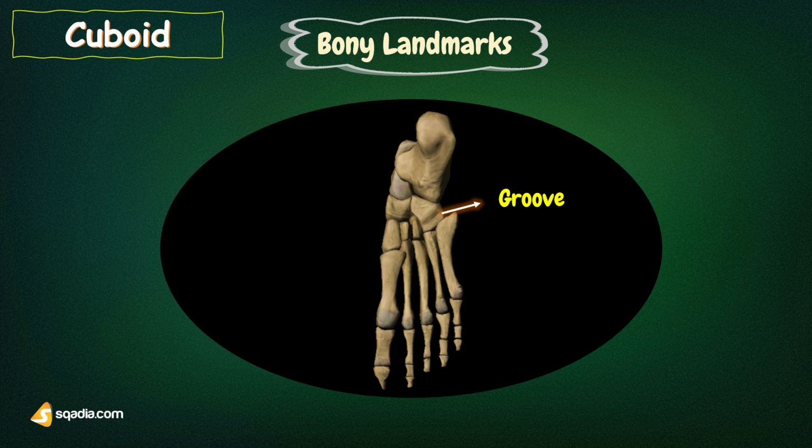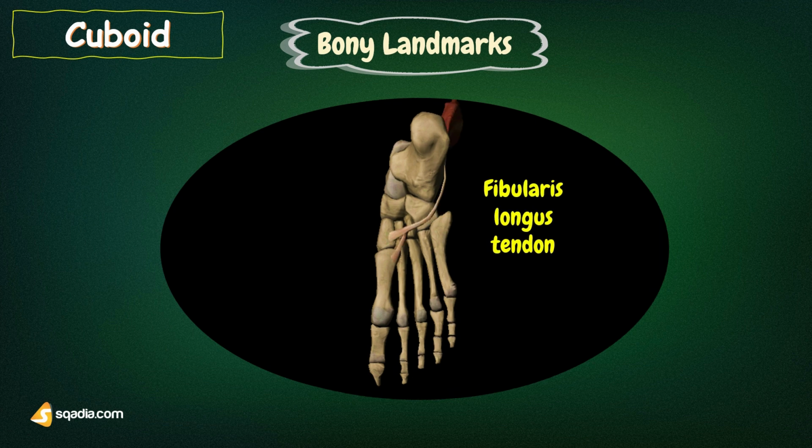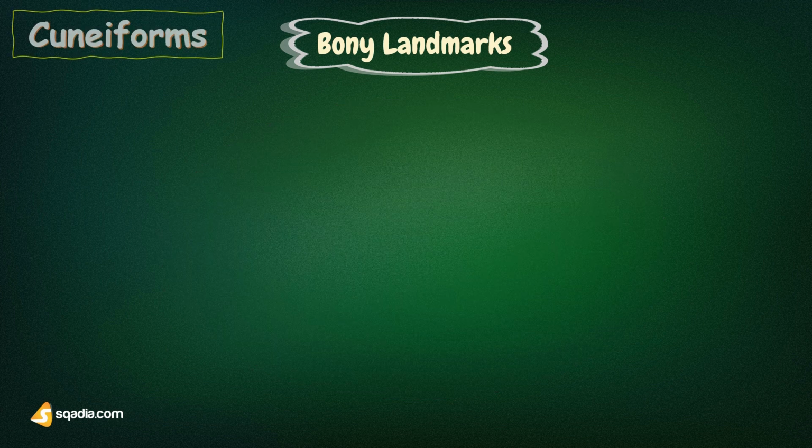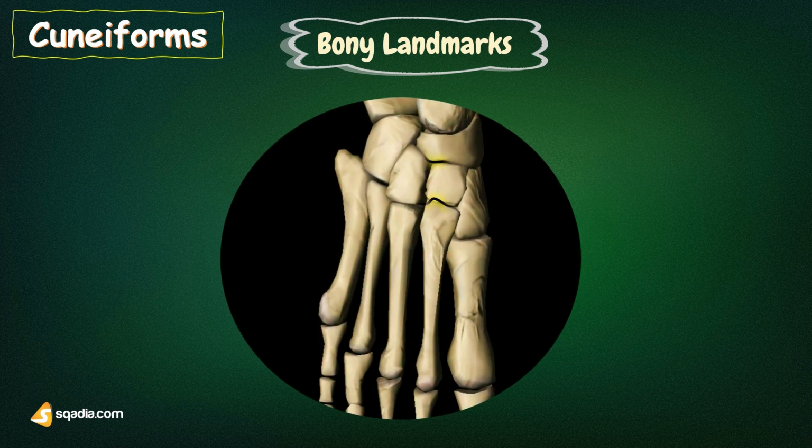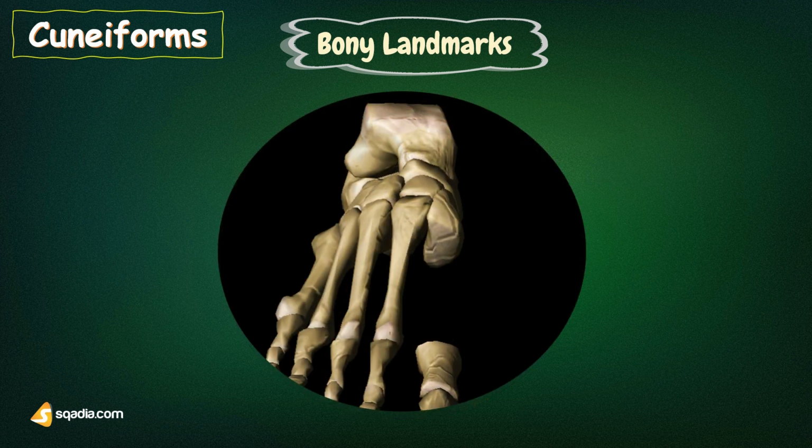The three cuneiform bones, they are wedge-shaped bones. The medial cuneiform has a large kidney-shaped facet on the distal surface for the base of the first metatarsal bone, with its hilum directed laterally. The intermediate cuneiform has triangular articular facets at the proximal and distal surfaces.